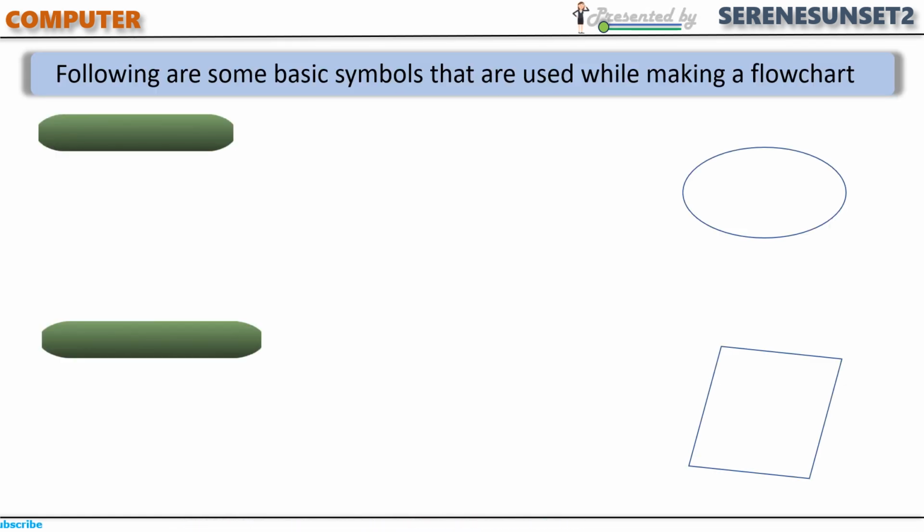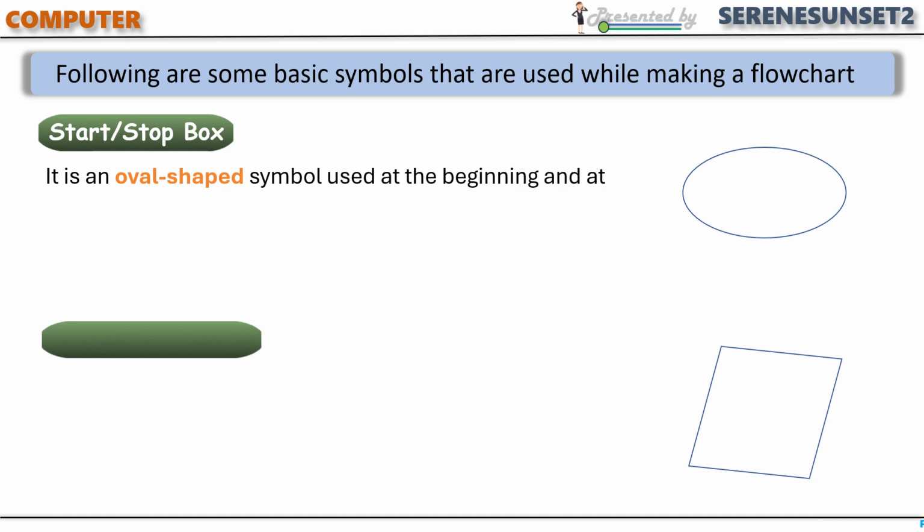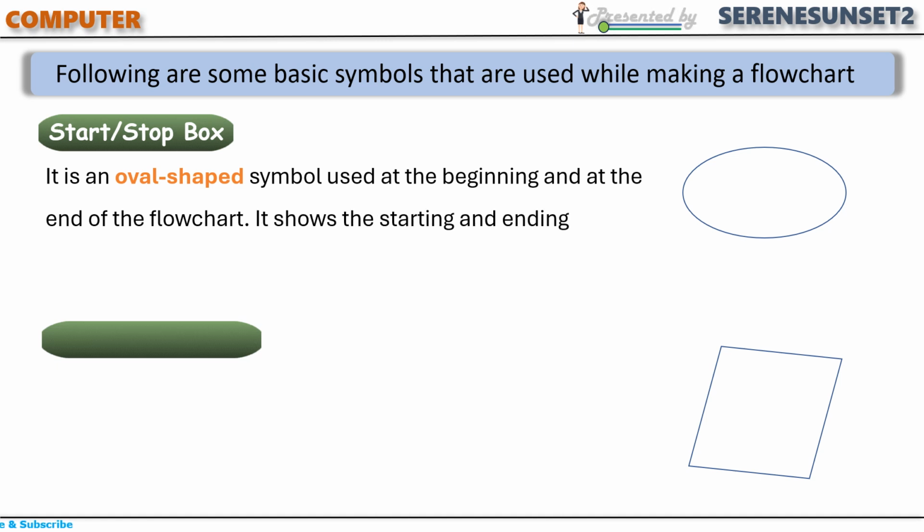Following are some basic symbols that are used while making a flowchart. Start-stop box. It is an oval-shaped symbol used at the beginning and at the end of the flowchart. It shows the starting and ending of a flowchart.